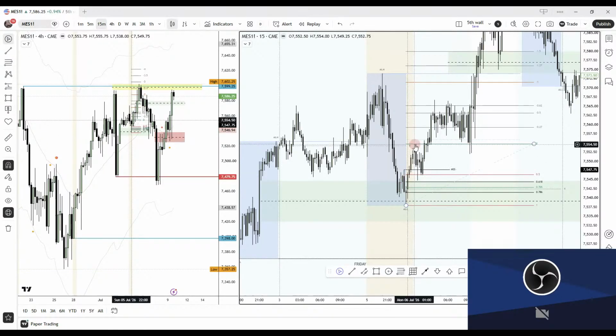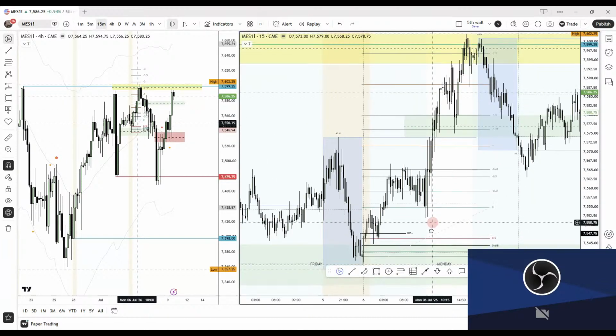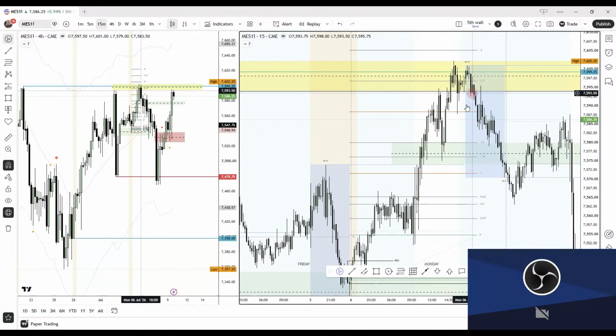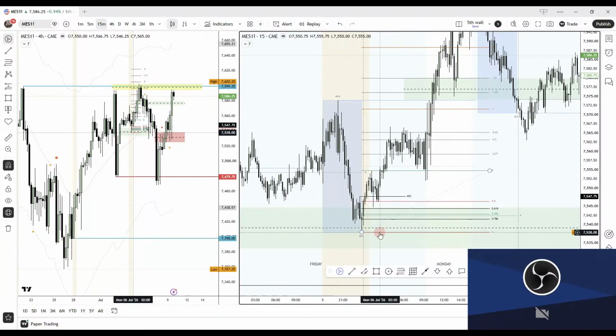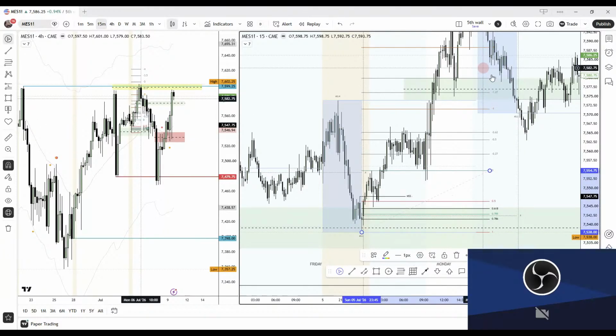The price like that caused a market structure shift, because here price is retesting it, and then price pulled back down into it to retest it again, and then it pushed higher into 2.5 standard deviations. Really, we only look for 2 standard deviations, and that's literally just duplicating this low to this high twice, right?